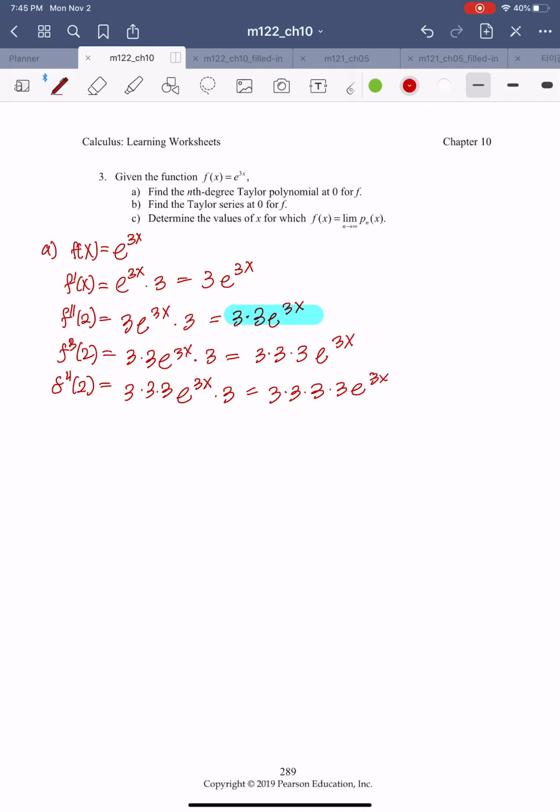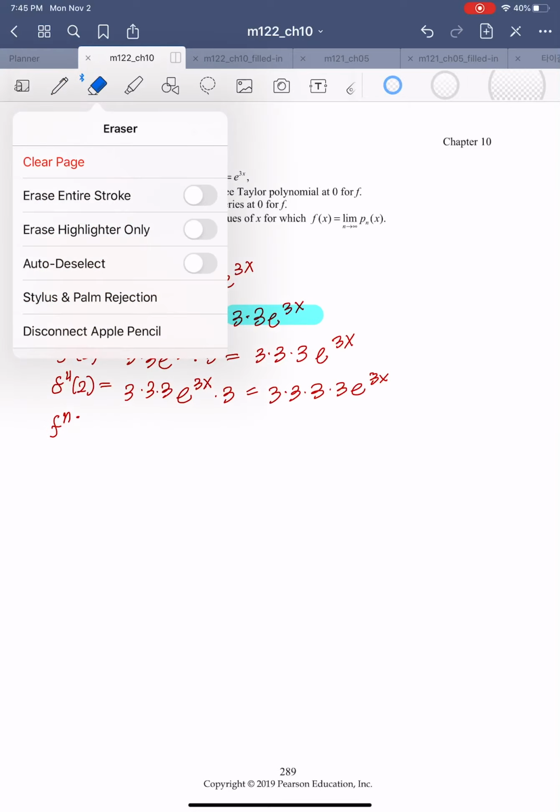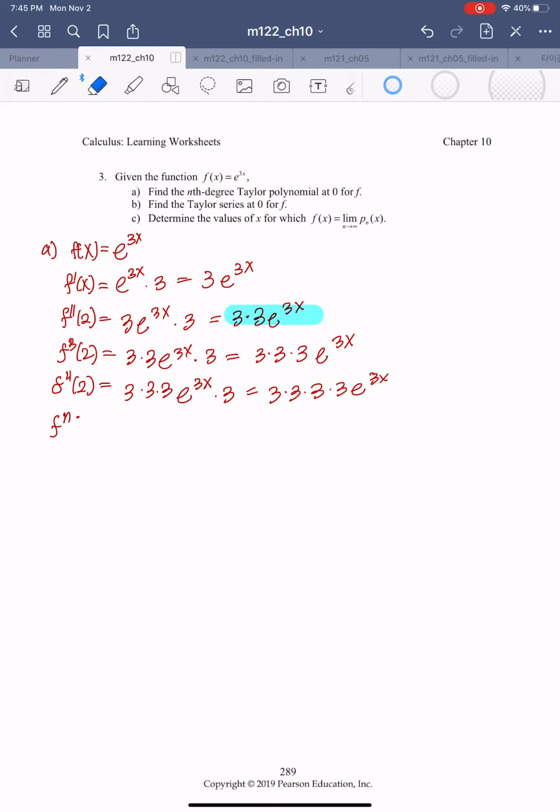Right, so if I did it n times, before we do that, I don't know why I put 2, but it should be x each time. I'm going to end up having the number of derivatives match the number of 3s, right?